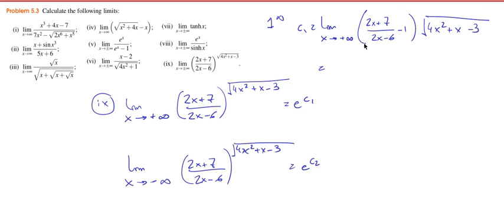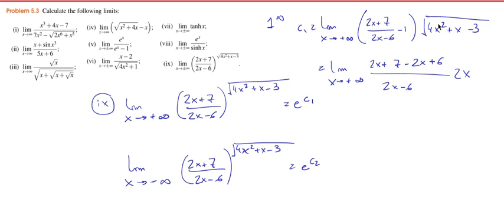Now this is going to be, let's see, the limit of 2x plus 7 minus 2x plus 6, divided by 2x minus 6, and the square root is asymptotically equivalent, as I said, to 2x, right?